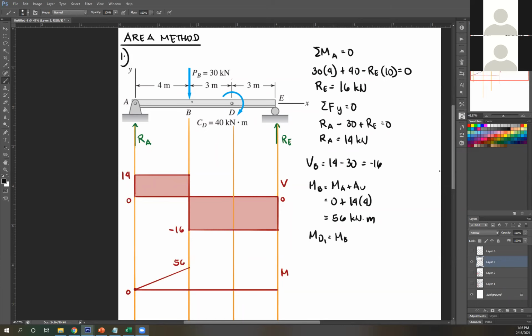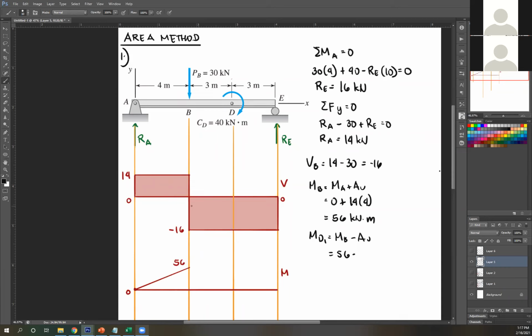Okay. Let's take this segment. So MD minus B minus AB. So MB is 56 minus. So for now, you're gonna ignore the couple. Just stop there. Okay.